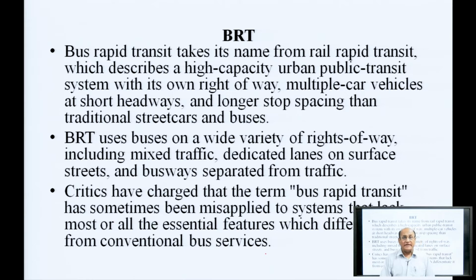Bus rapid transit takes its name from rail rapid transit, which describes a high capacity urban public transit system with its own right of way, multiple-car vehicles at a short headway and a longer stop spacing than traditional streetcars and buses.